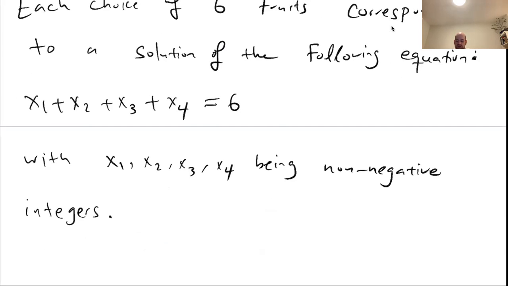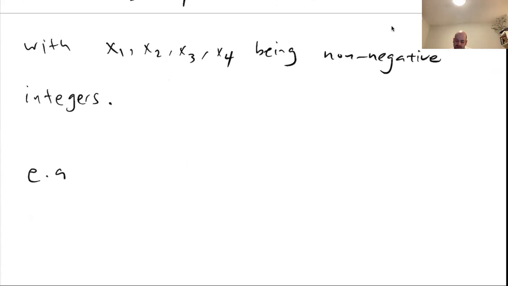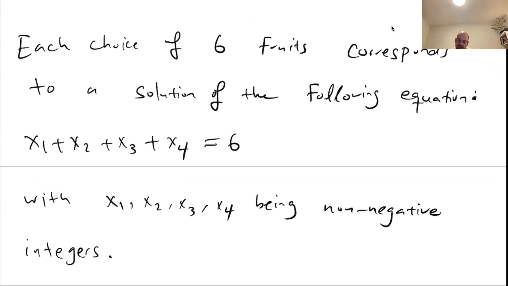Right? So each solution of this corresponds to one choice for choosing 6 fruits, and each choice for choosing 6 fruits corresponds to one solution of this equation. So let me give you an example. This is an equation with 4 variables. At first sight, you may think this equation has infinitely many solutions, because it is just one equation with 4 variables.